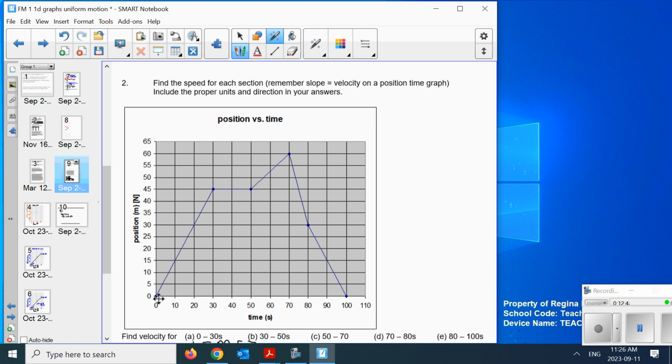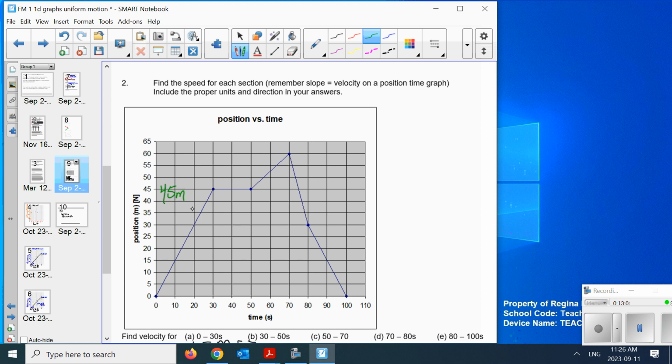So when I do rise over run here for the first one, I'll just do this right on the graph. Okay, I've got a rise, 0 to 45. So I've got 45 meters. Does that show up for you guys?